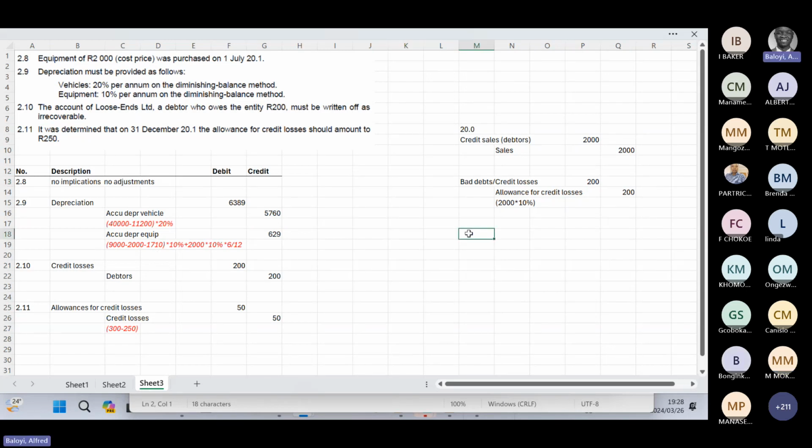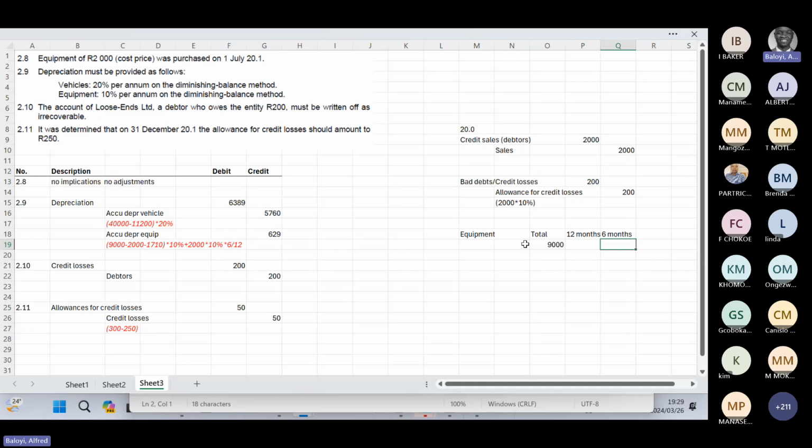Okay, for equipment, let's do it with a separate calculation, right? If you look at the equipment, the total amount is given as 9,000, all right? But there's equipment for 12 months and equipment for 6 months.